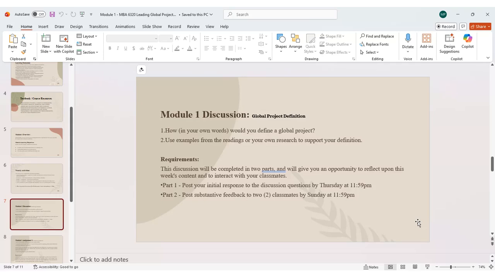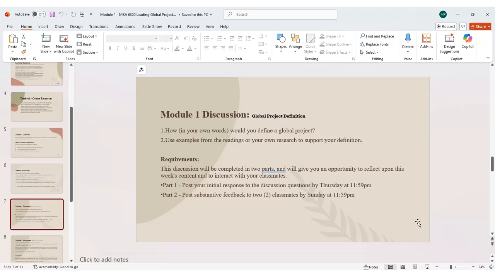The requirements of this discussion include doing this in 2 parts. You need to give us your personal initial response to the discussion post, again by Thursday at 11:59 p.m. And then you need to post substantive feedback to at least 2 of your classmates by Sunday at 11:59 p.m.